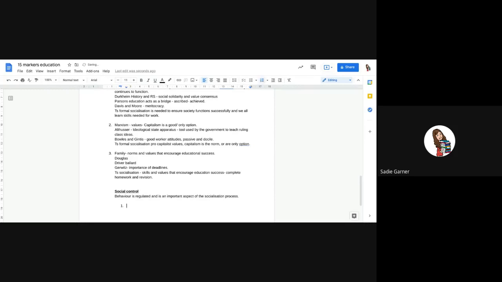So paragraph 1, for functionalism, it ensures that there is solidarity and that we have ideal citizens. That's its job for functionalism, that social control will ensure solidarity and ideal citizens.